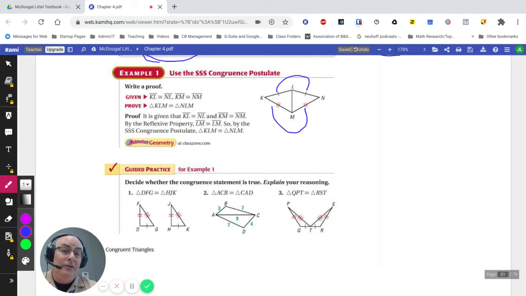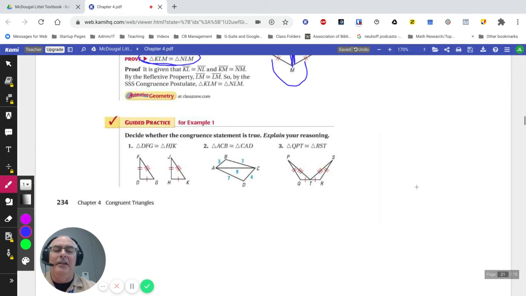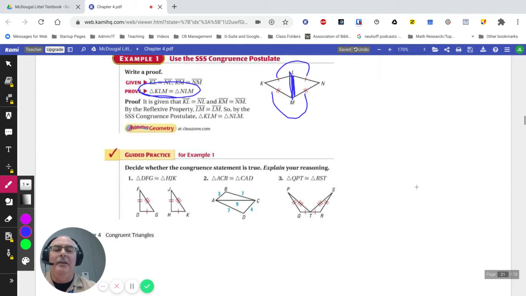Well, I'm only given two sides. What about the third one? Well, in this case in the drawing, the third side is actually the same for both triangles. So by definition, since it's the same, it is equal. So now I know that those two triangles are going to be congruent. And I've proved that by side, side, side reasoning.